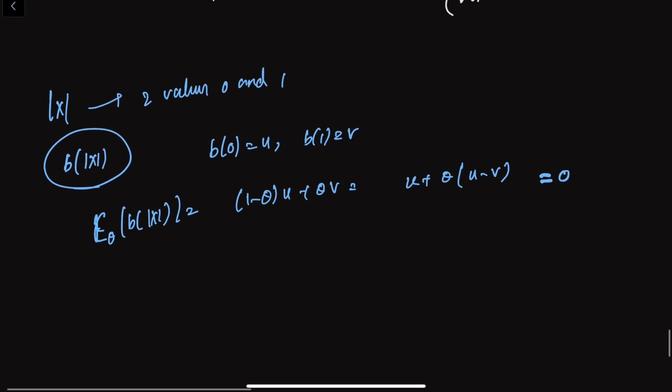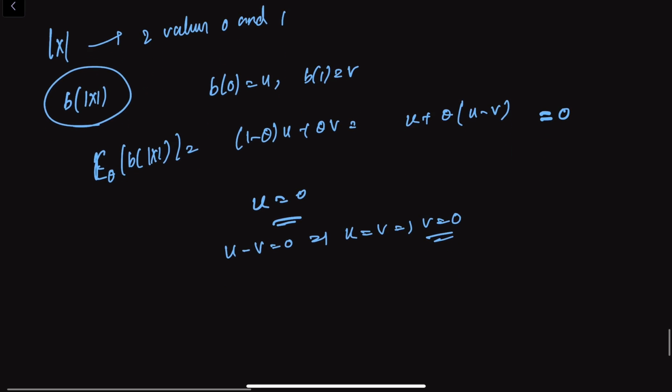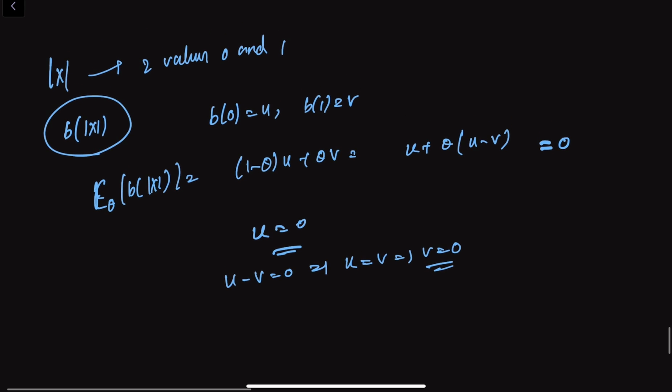This equals 0 for all theta, which implies u must be 0 and v minus u also must be 0. That means u equals v, so v equals 0. So only the trivial function 0 has zero expectation. That means mod x is complete.